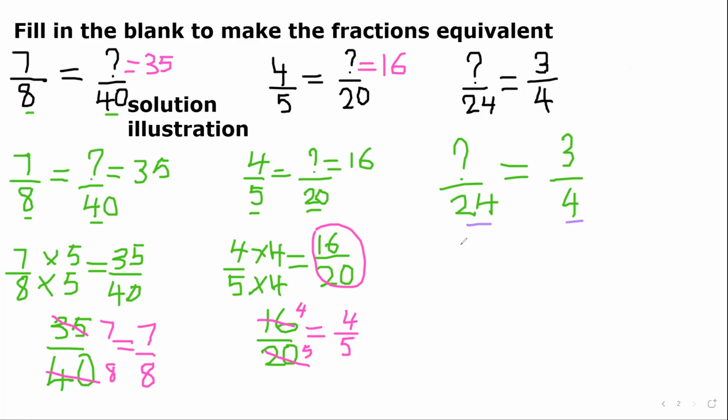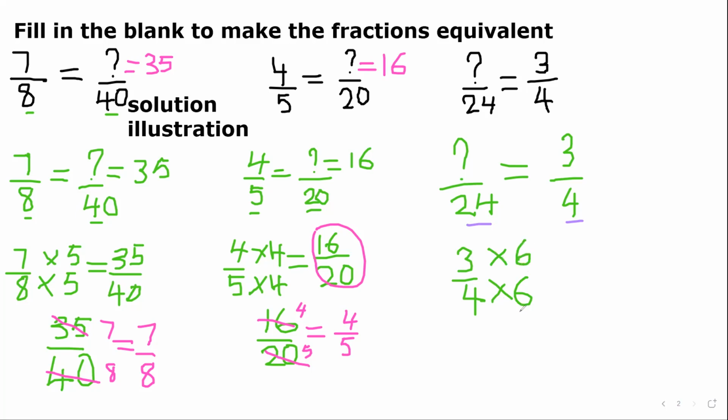Now you take your 3 out of 4. Then you think about the number that when you multiply by the 4 will be 24. Okay, so that number will be 6. Okay, so the same number must be used to multiply the numerator, and that is the 6.